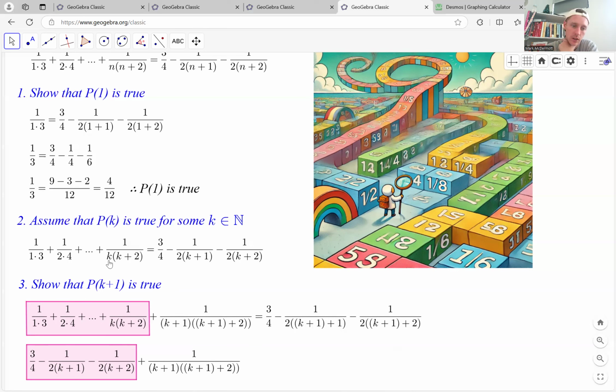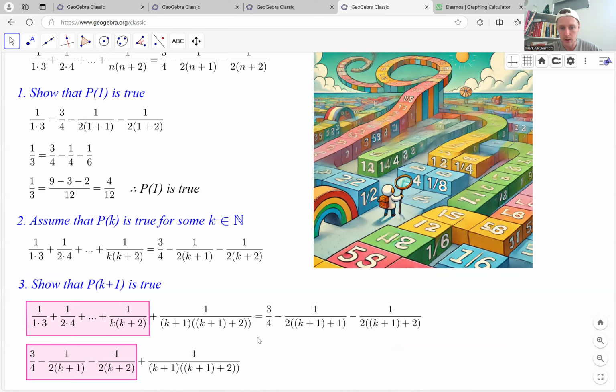So the last term here, this k became k+1. This k here also became k+1, and it's substituted into this last term, which means the term prior to that has to be 1/(k(k+2)). I think that should make sense. What was originally the last term was the kth term. We need to show that we can get to the k+1th term, so we need to add this extra term here. Essentially what we need to show is that it equals this.